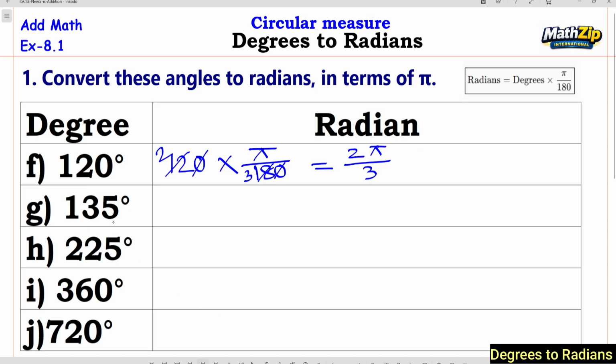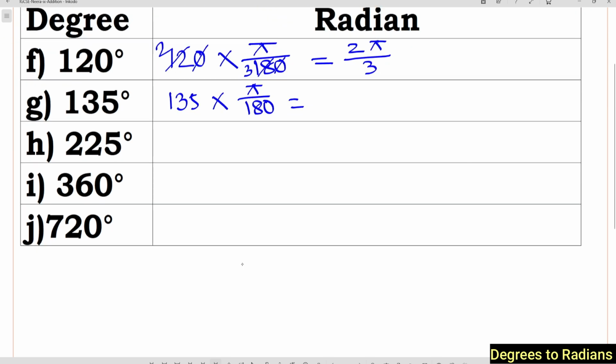Next, 135. 135 degrees will be converted to radians, so times pi by 180. For 135 and 180, we can find the common factor.